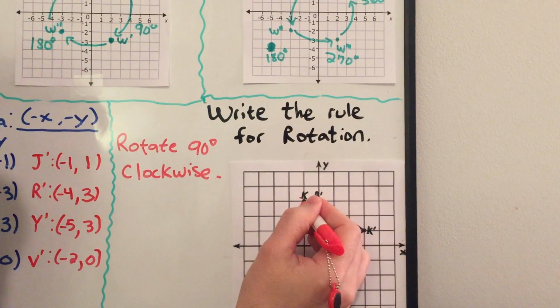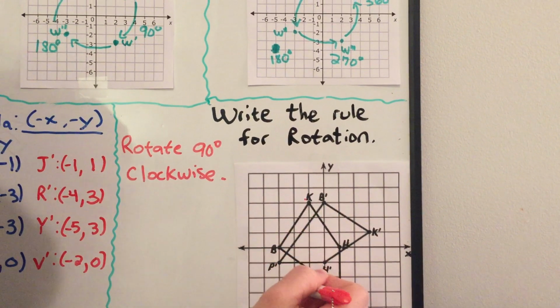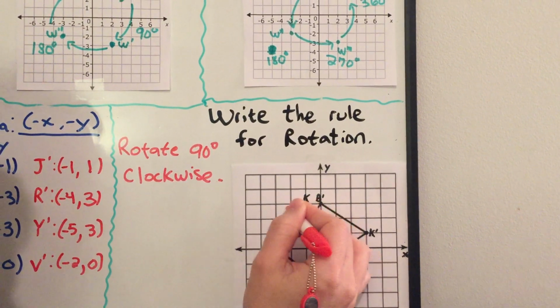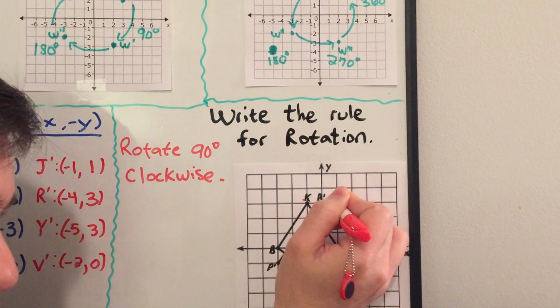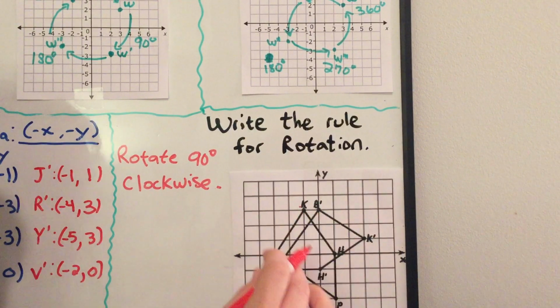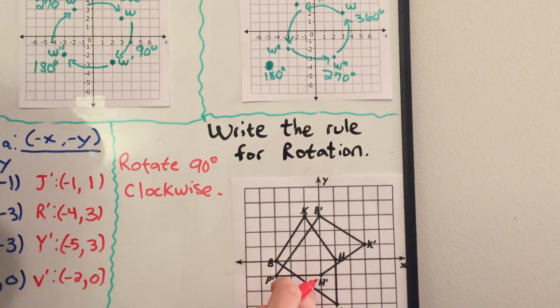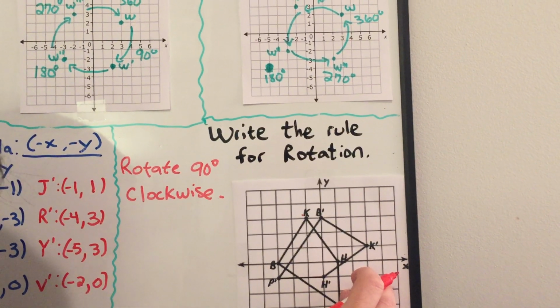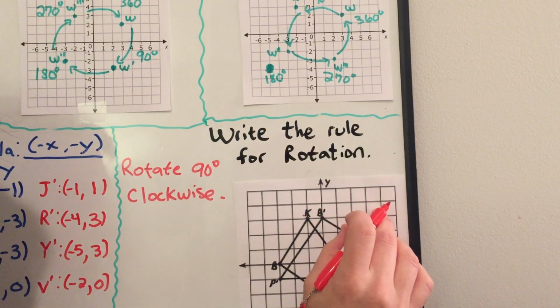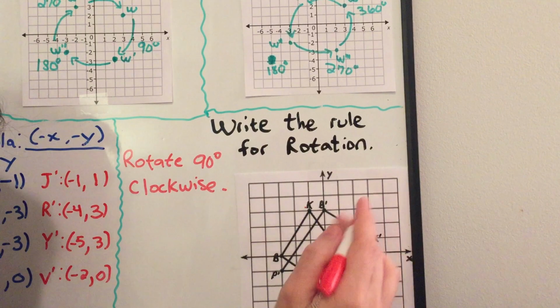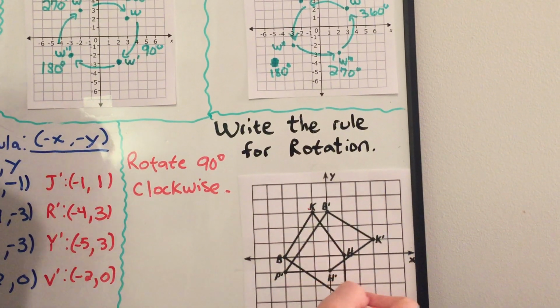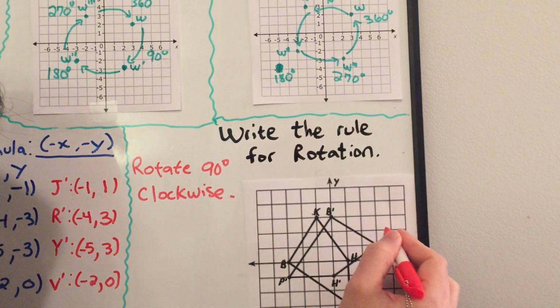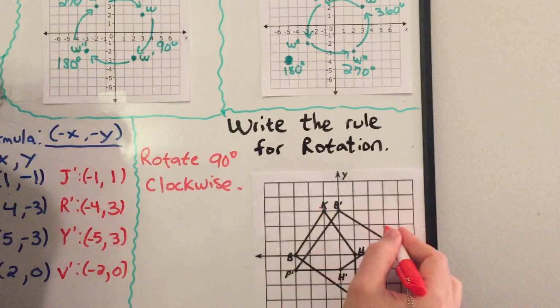Now, let's say you wanted to go counterclockwise. Then I would take K right here. I know counterclockwise would move around from left and around like this. So K is here. I don't see a K prime in the first quadrant. I don't see a K prime in the second quadrant, but I do see it in the 3 quadrants away. So that means I would have 90 plus 90 plus 90, which would be 270.